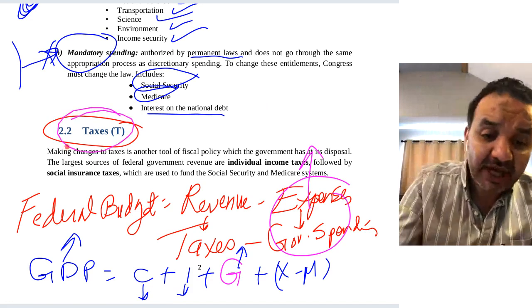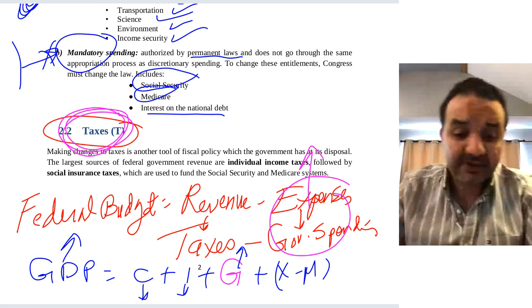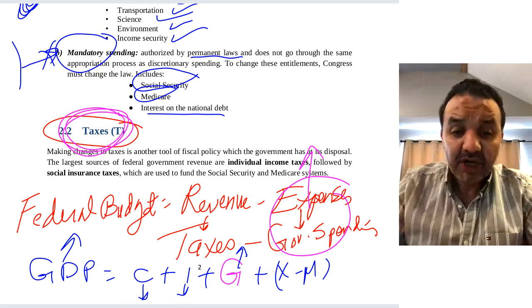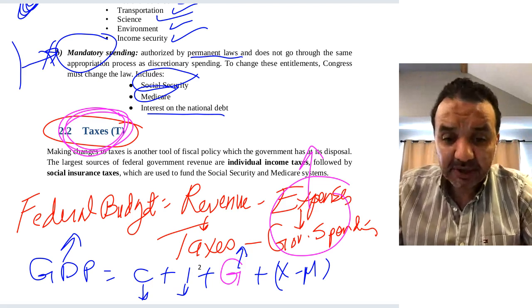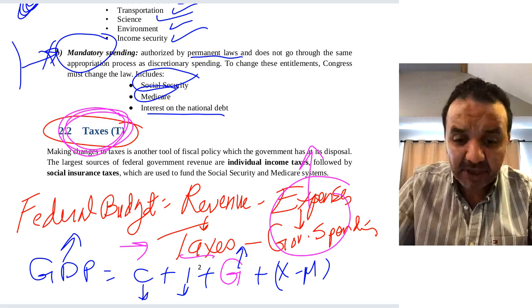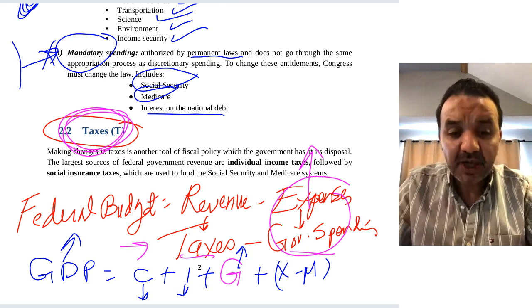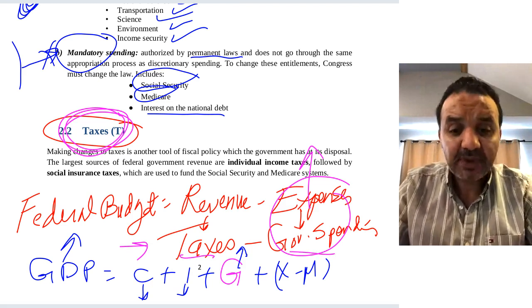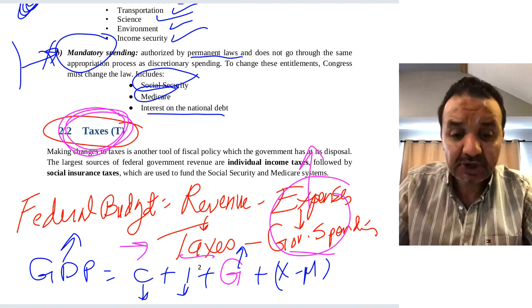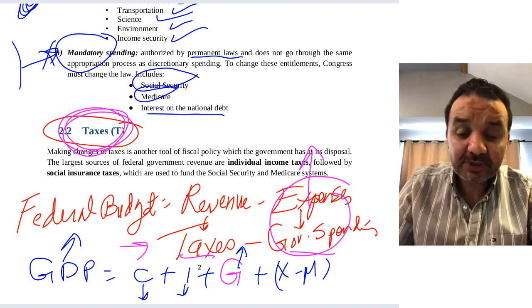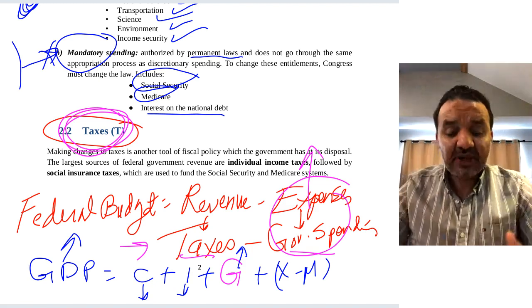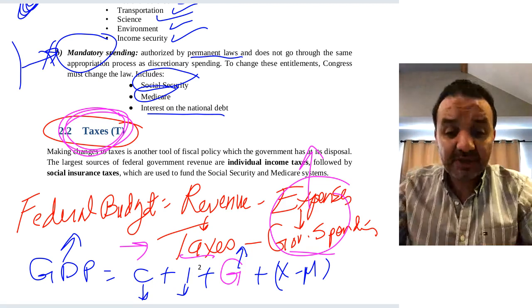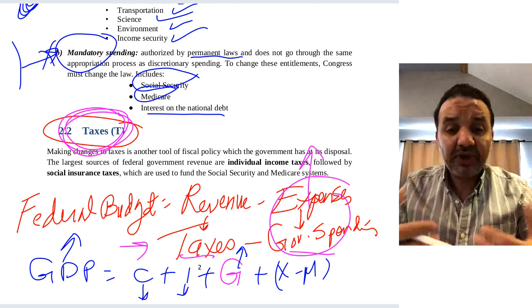The second tool of the fiscal policy is taxes. In normal times, whenever the market is normal, whenever the market is expanding, this is the federal budget, so taxes minus spending. But whenever there's a recession and whenever there's a fiscal policy, it makes more sense now to cut taxes, because the federal government wants to motivate the people who have business to invest more.